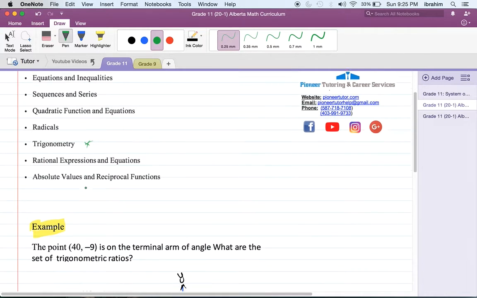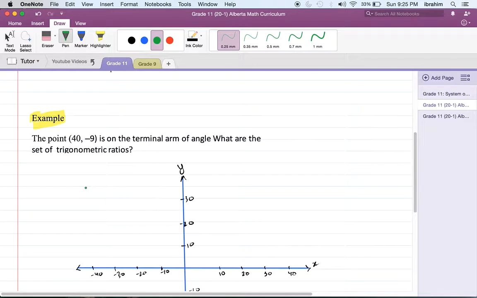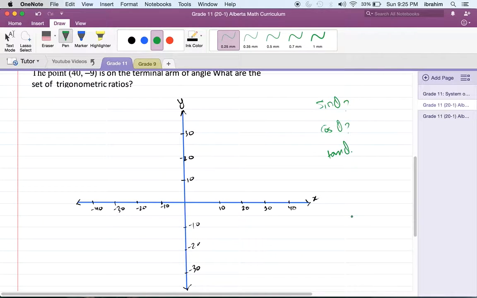So the example we'll be going over today states the point (40, -9) is on the terminal arm of an angle. What are the set of trigonometric ratios? So essentially the trig ratios are sine theta, cosine theta, and then tangent theta. Now from grade 10, you must have heard this acronym, which is called SOHCAHTOA, right?